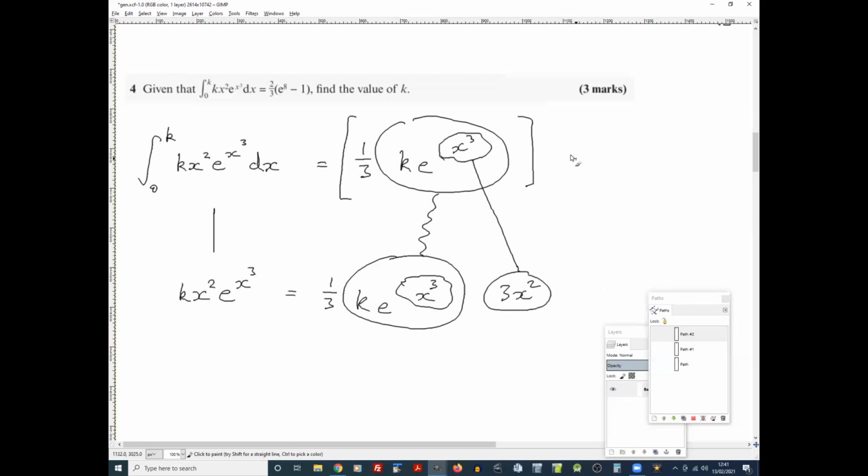Good. So between 0 and k, what do we get? We get a third k e to the k cubed. Yes.